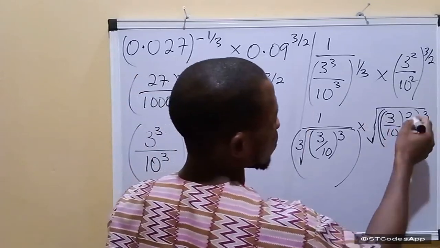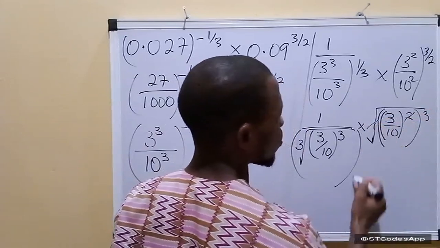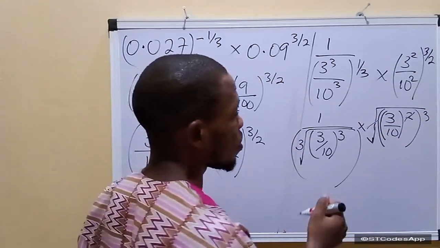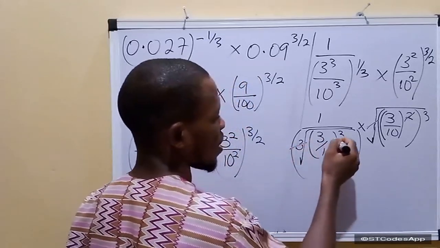Now what this means is that here we cancel the square root, because a square cancels a square root. And here, the cube root cancels this cube.